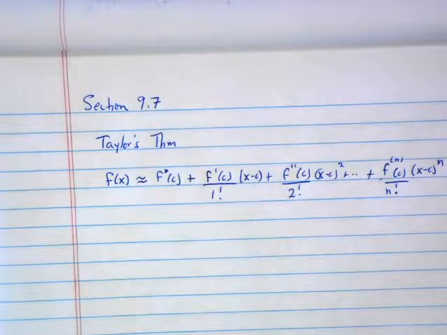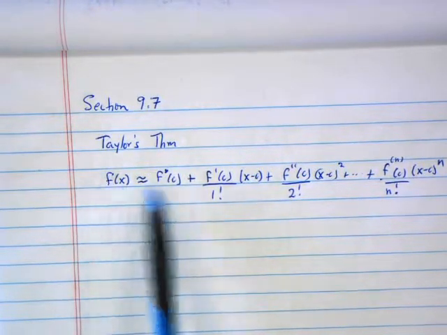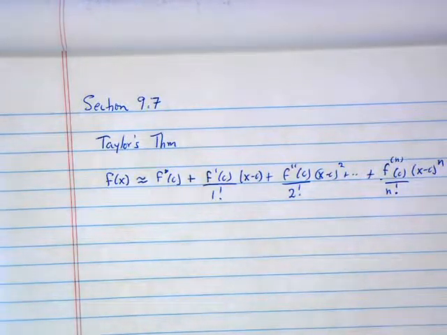So we saw on the calculator that by computing maybe 5 or 6 terms of the Taylor polynomial, our function really became a pretty good approximation.